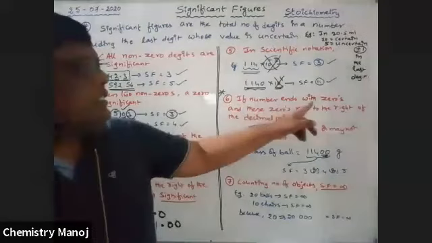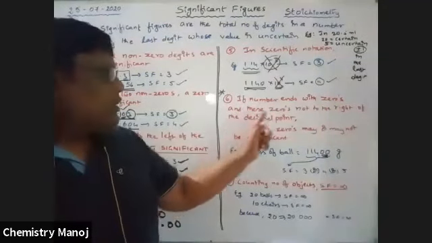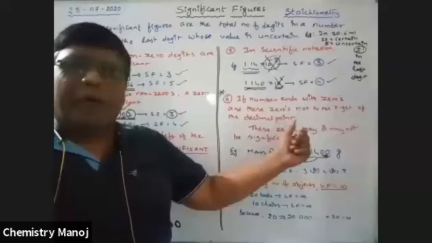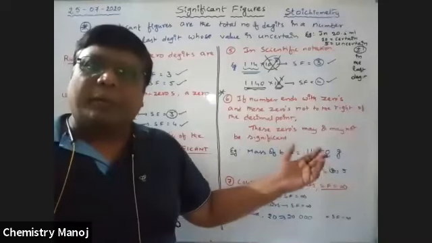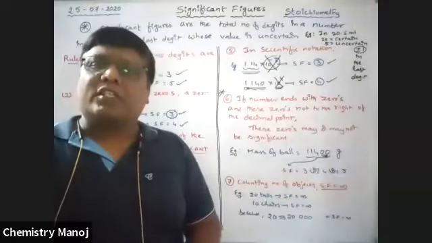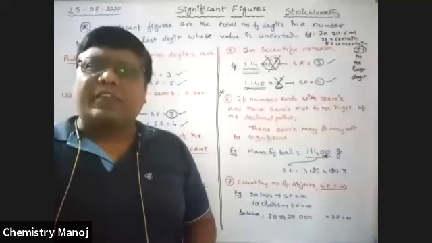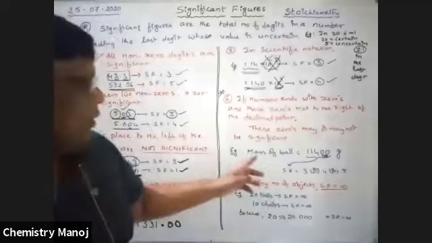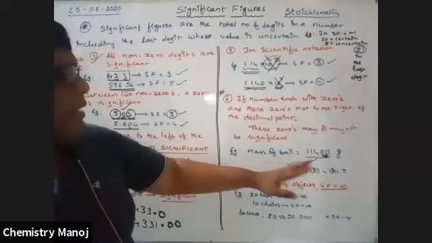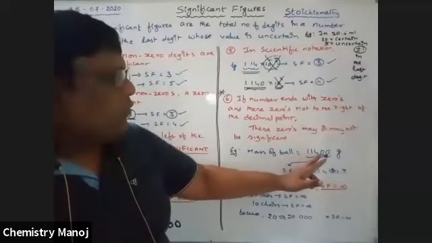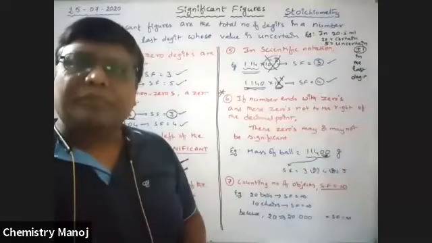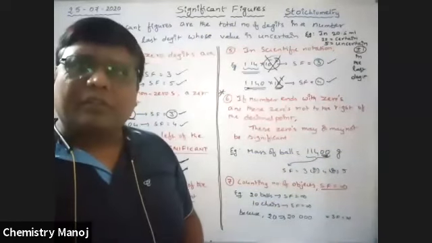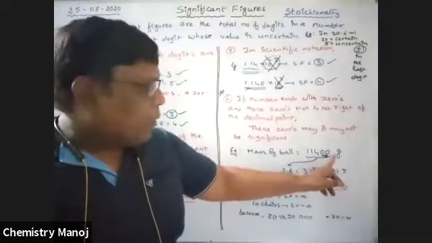If a number ends with zeros and these zeros are not to the right of the decimal point, these zeros may or may not be significant. Sometimes we consider that value, sometimes we don't. So see here, the mass of a certain ball is 11400 grams. No point is there.